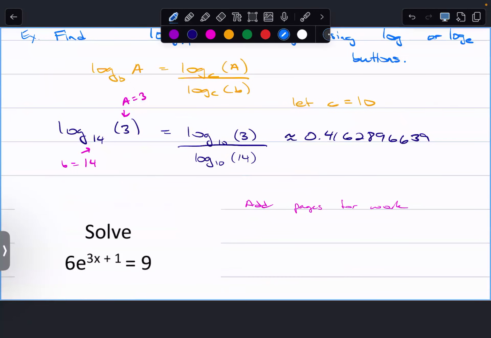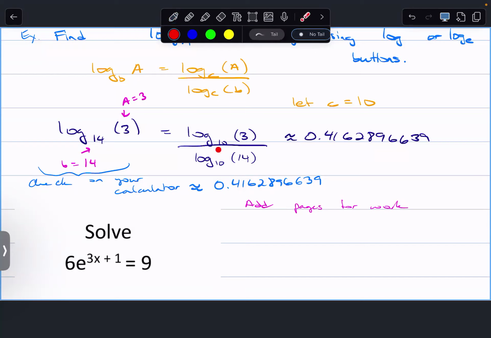You can check on your calculator, since you have the fancy button. Log base 14 of 3, 0.416289669. You can try it with log base e. Log base e of 3 divided by the log base e of 14, we still get the same answer. So it doesn't matter as long as you use the same log base over here.